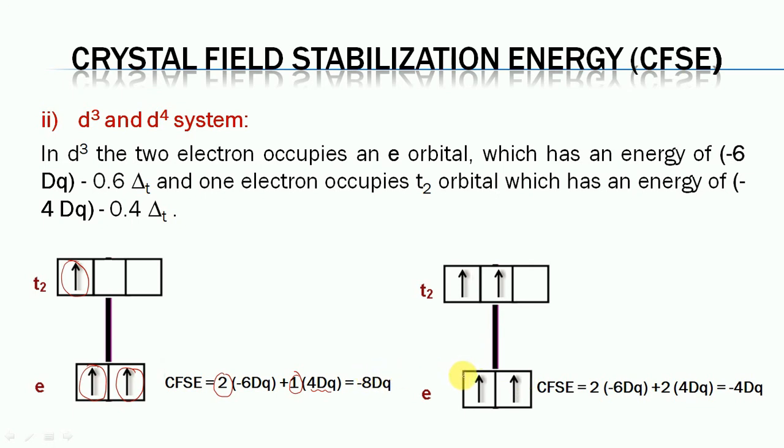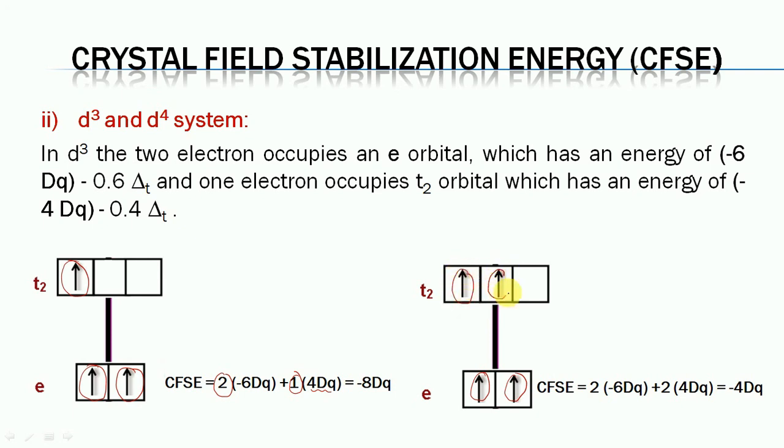Similarly, in the case of the d4 system, 2 electrons will occupy the lower energy e orbital and 2 electrons will occupy the higher energy T2 orbital.